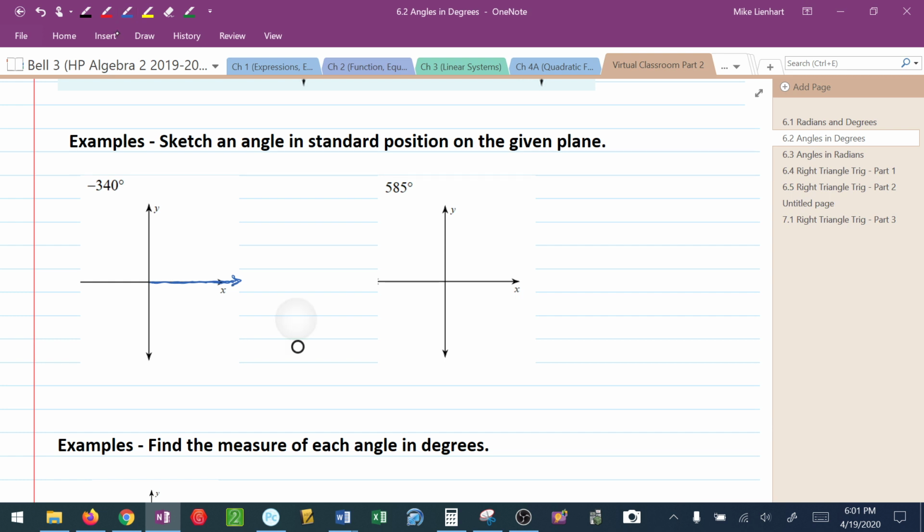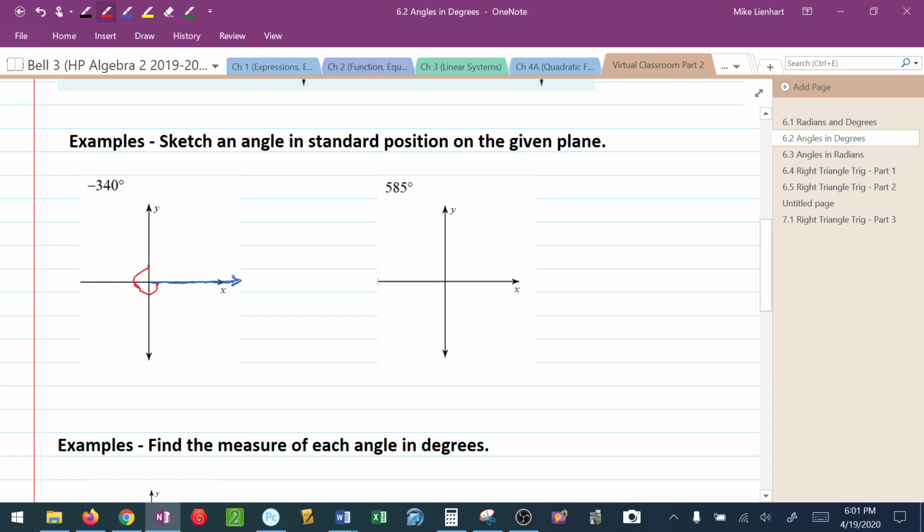If I travel from here to here, that would be negative 90 degrees. If I go to here, that's negative 180. Here, that's negative 270. And if I make it all the way back to where I started, that would be negative 360.